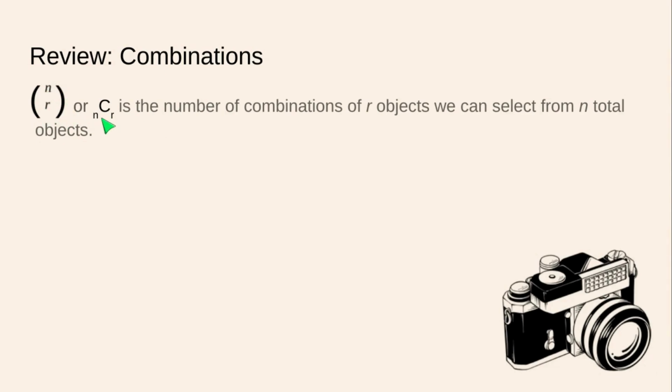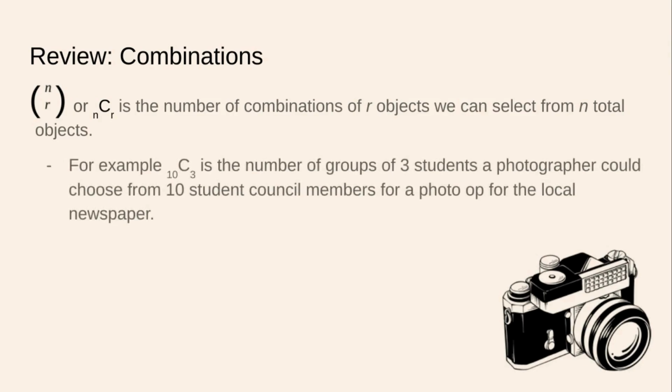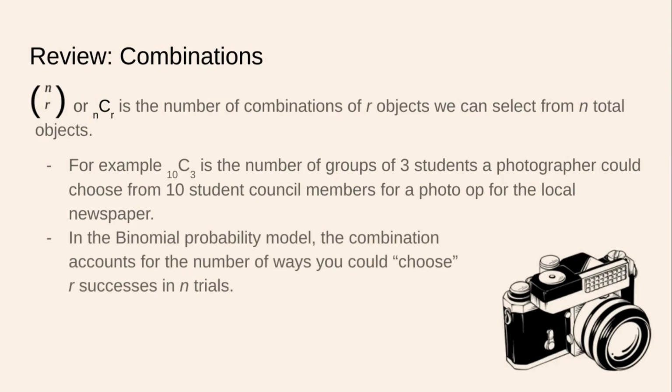So we have nCr, and that is the number of combinations of r objects we can select from n total objects. For example, 10C3 is the number of groups of 3 students a photographer could choose from 10 student council members for a photo op for the local newspaper. So we're just choosing a certain number of objects from a total.